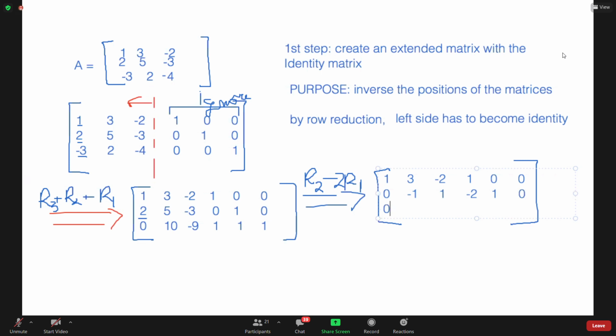And now the third row is unchanged. I didn't do anything with it. So I'm just going to write it as it was before. 1, 1, 1. Moving on.